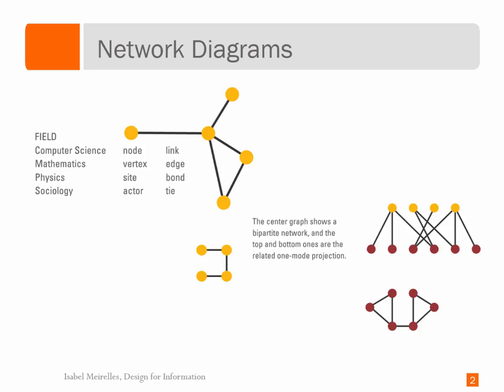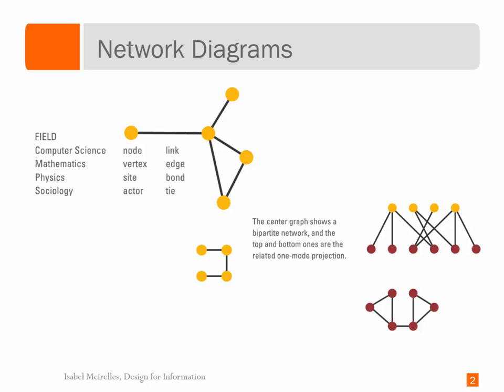A very simple example might be two of our yellow nodes there. It might be two classmates in our class, and the black line is the link that defines the relationship between those two people.